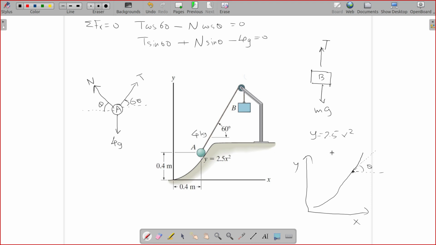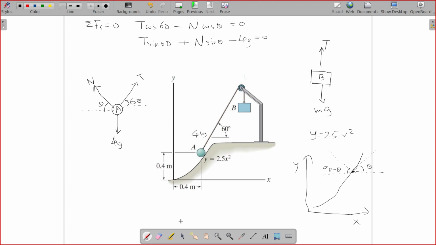The normal makes 90 degrees with it, so this should be 90 minus alpha. I will not use theta here because I am already using theta there.